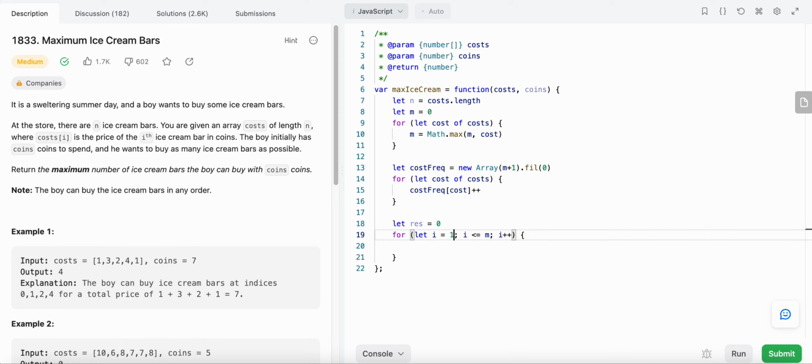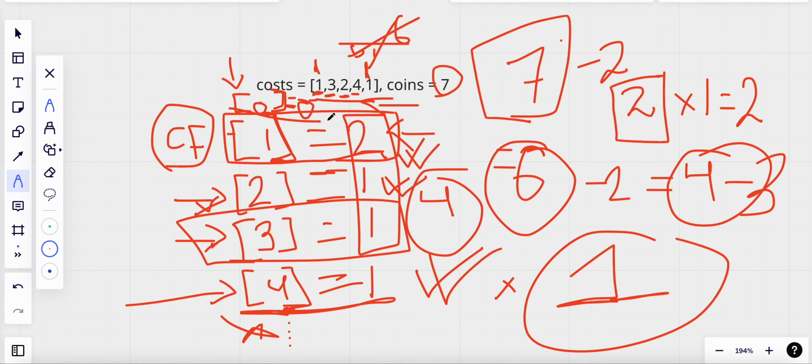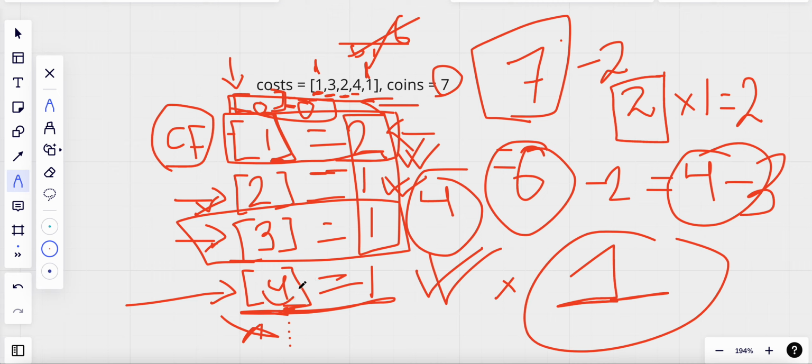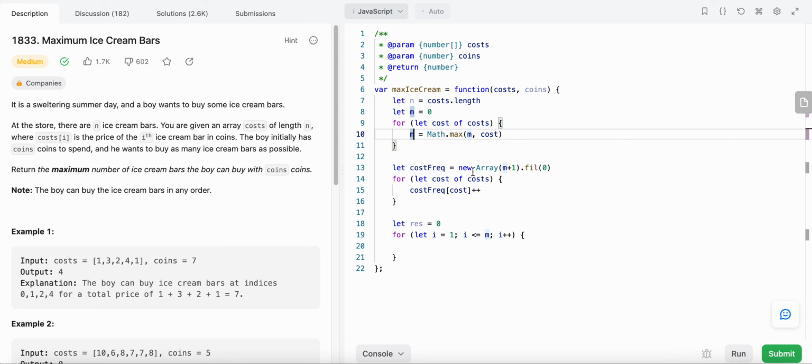We could just start from 1, because we know 0 would always have 0 frequency, so we don't need to do that. And it's less than or equal to m, because m is the last index. m here is the maximum value, which is equal to 4, and will be the last index.